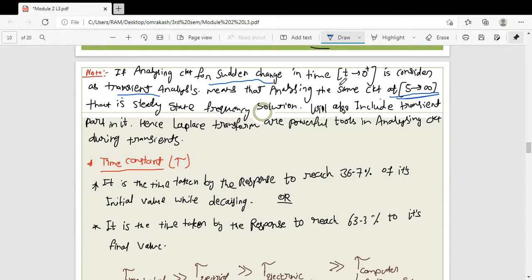So that s tends to infinity is the steady state frequency solution, and it will also include the transient part in it. Means when you do this, you will get the final solution in which both solutions are present. Hence the Laplace transform is a more powerful tool while analyzing the transient.